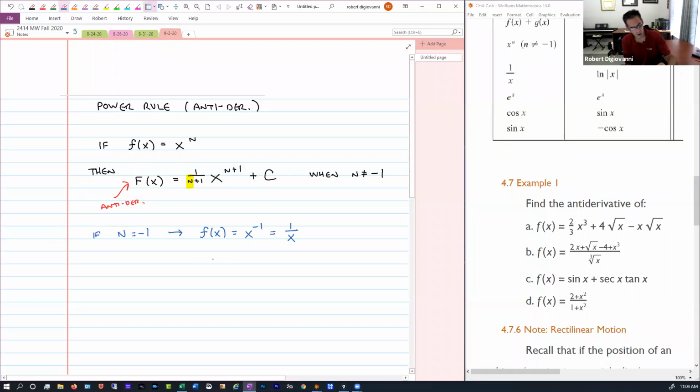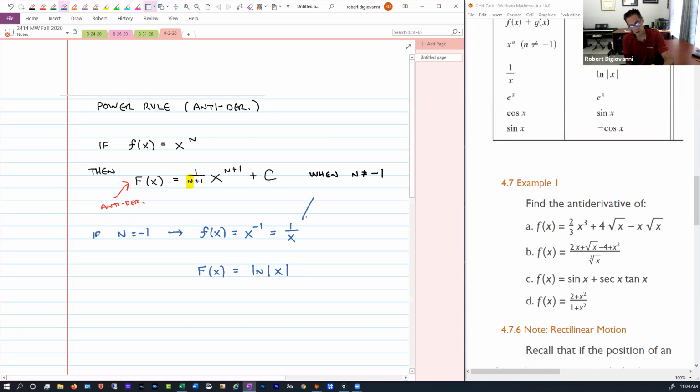Yeah, that's natural log. So that's, again, from Cal 1, we know that when we take the derivative of natural log of x, we get 1 over x. So we are going to put here natural log of, now I'm going to put the absolute value around the x, and this is what we're going to do from here on out. Anytime we take the antiderivative of 1 over x, we're going to put natural log of the absolute value of x, because the natural log has some domain restrictions.